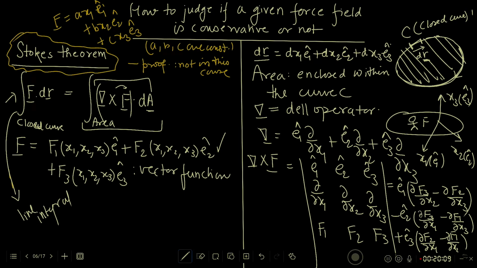That's what goes in here. And what is dA? dA is a vector. The magnitude of this vector will be the area, a small infinitesimal area dA, that I will take on this full area.